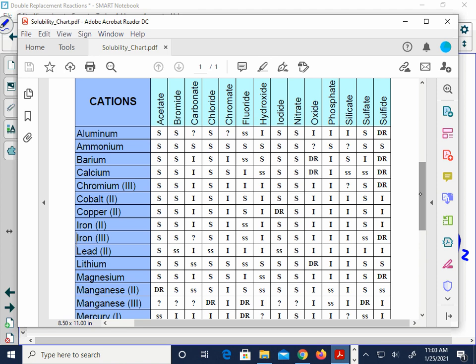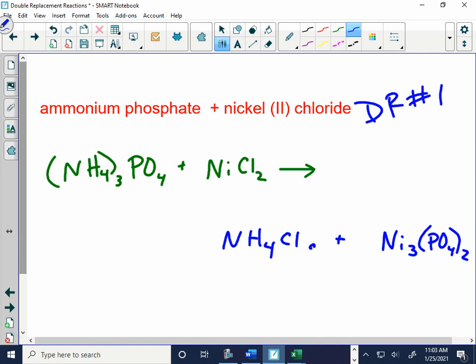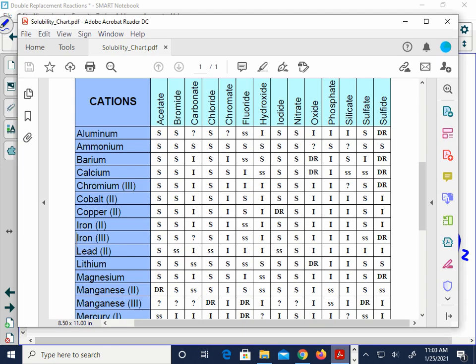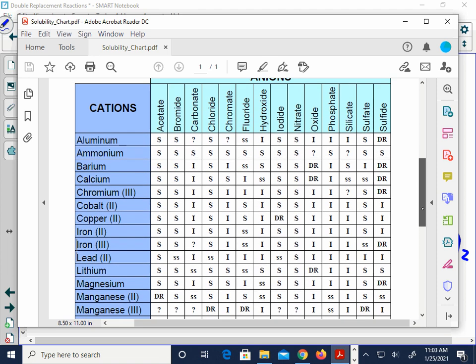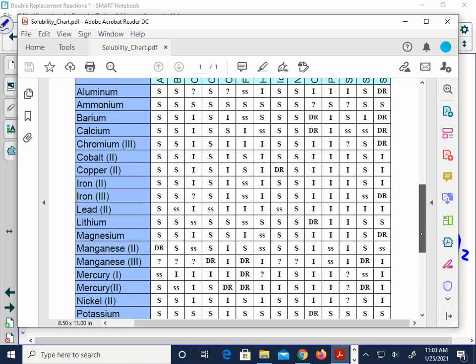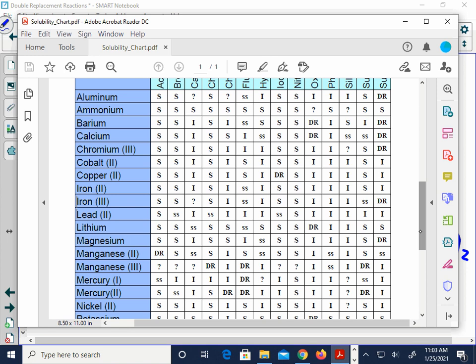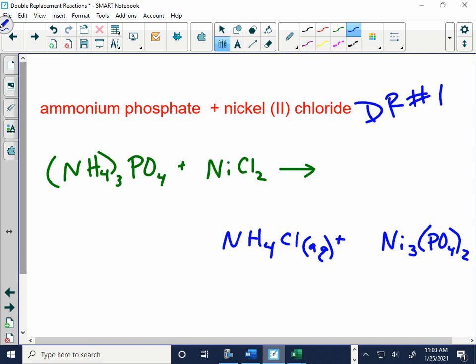That is soluble. So I'm putting in the AQ. Nickel 2 phosphate. This has to be insoluble. So phosphate's the fourth one from the right. Where is my nickel 2? There's nickel 2. Fourth one from the right. 1, 2, 3, 4. It is insoluble. So have I hit the correct parameters? I have. So this reaction will occur.